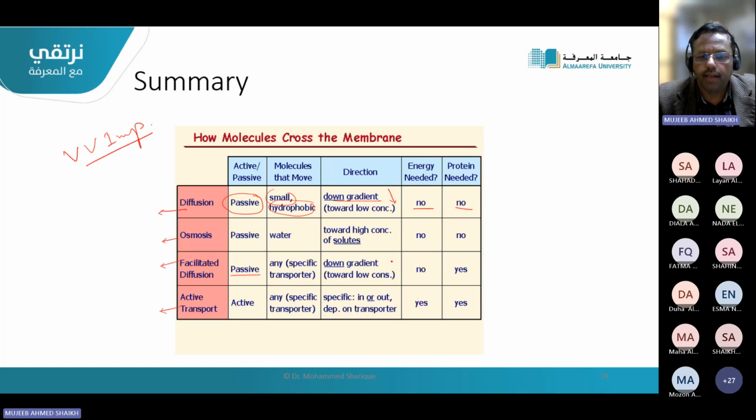Again, the direction of movement will be from high to low, same as diffusion. Do we need energy? No, no ATP is required. Do we need a protein pump? Yes. Facilitation means help, so it requires protein pumps.